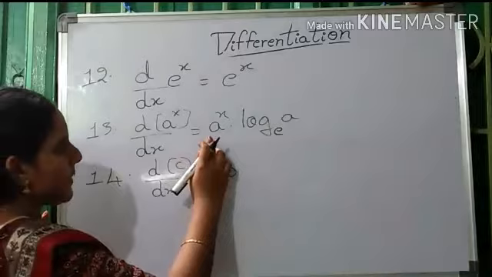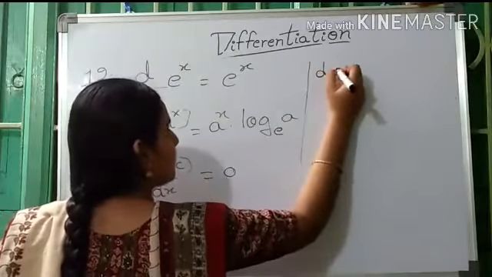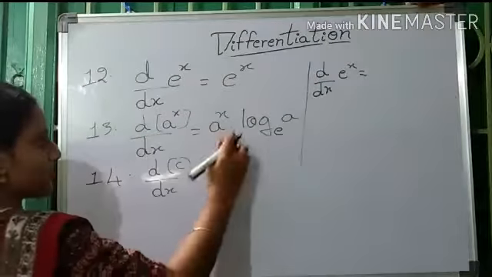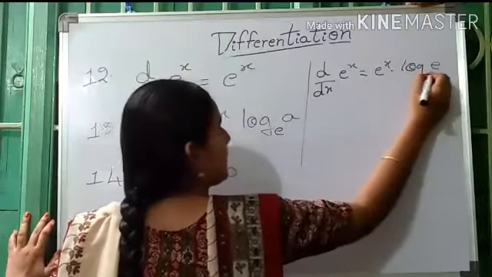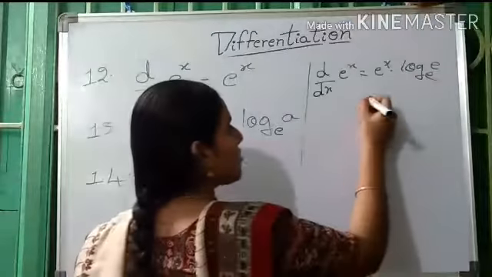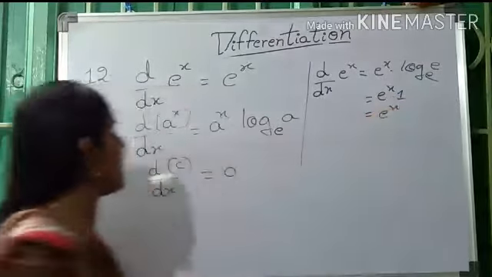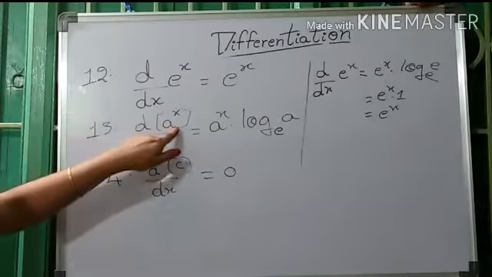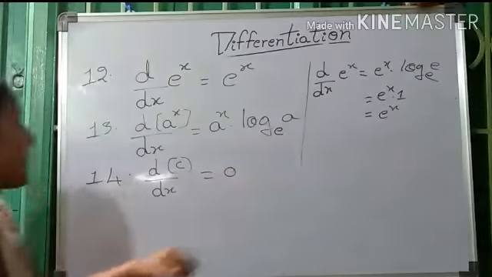Then d by dx of e power x is equal to e power x into log e to the base e. But log e to the base e is equal to 1. So d by dx of e power x is equal to e power x into 1, that is e power x. d by dx of a power x is equal to a power x into log a to the base e.